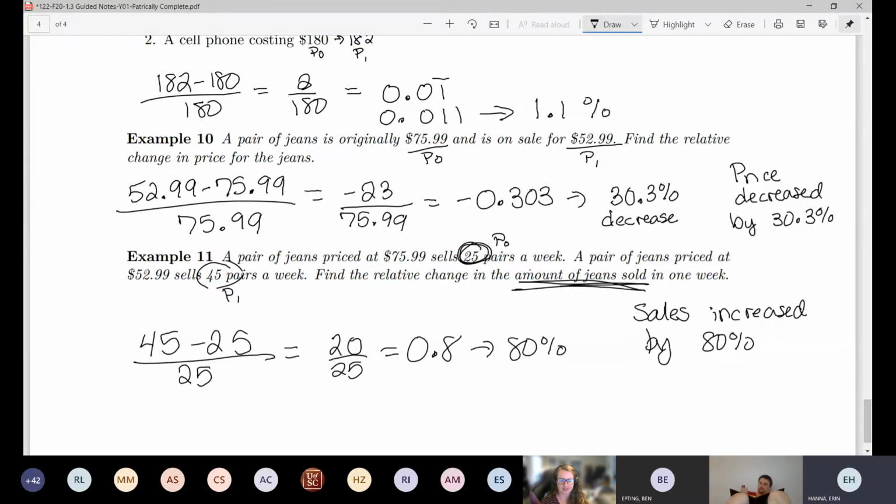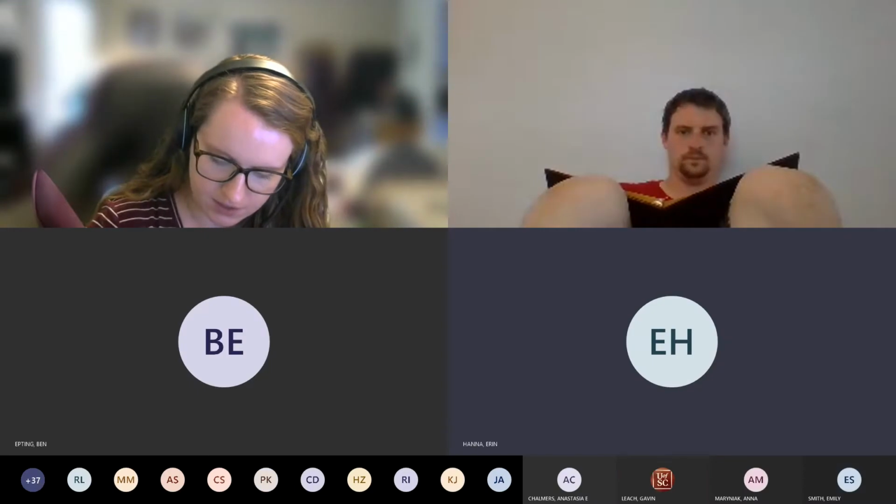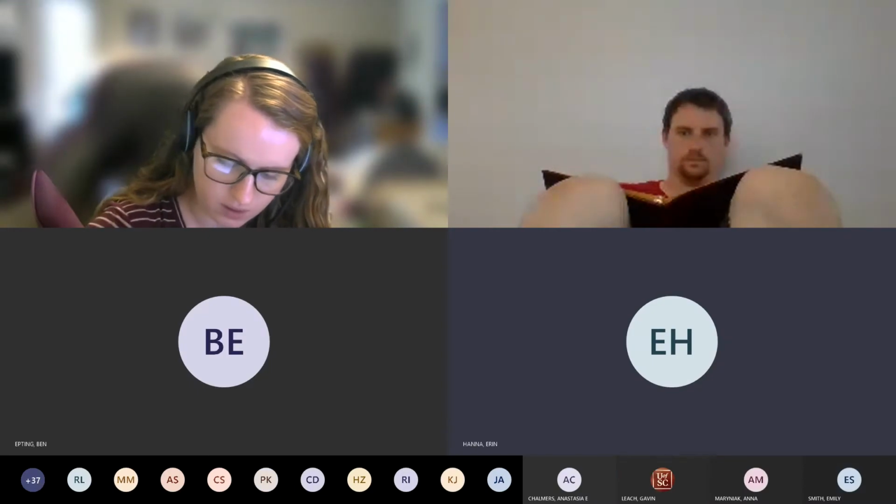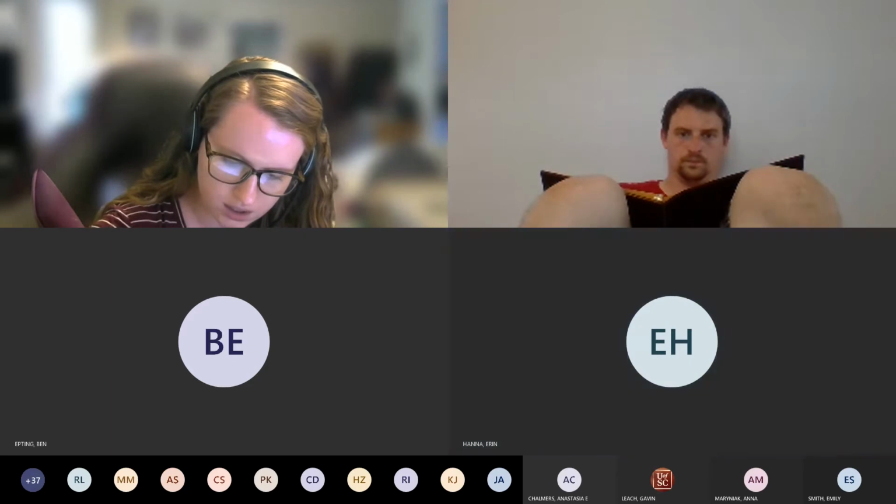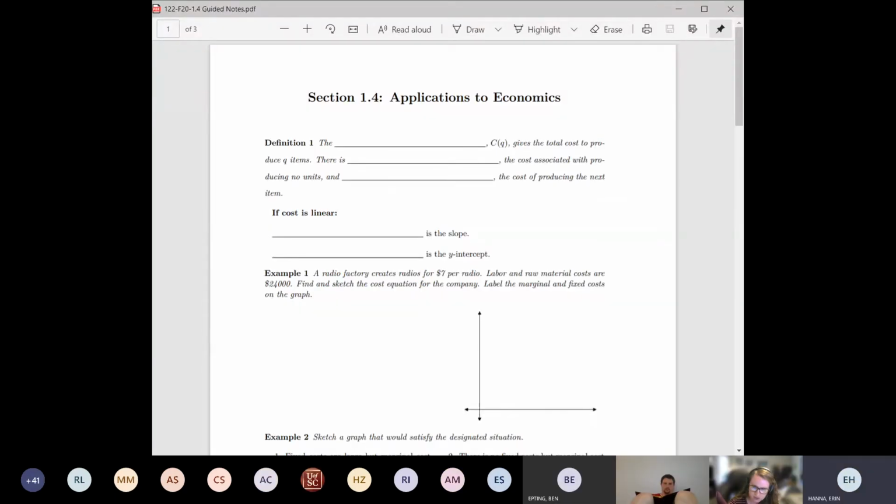Sometimes these captions are not good. All right, so 1.4. I've got to unshare this. I think I've actually got to pull up 1.4 and then share my screen again. There we go. Except it's not. Can I link?